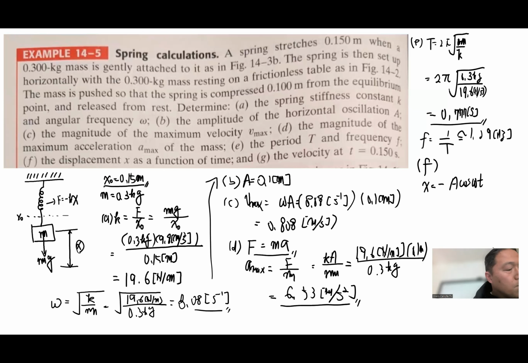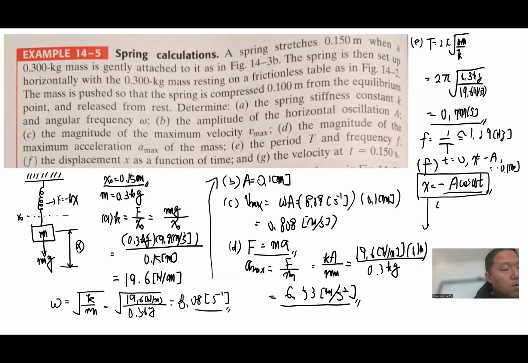Basically that leads to a displacement equation like this.